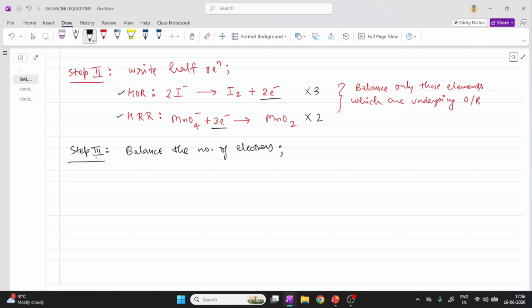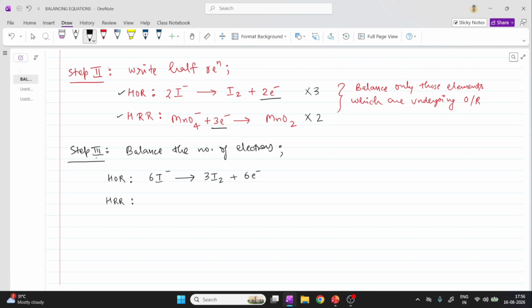Now we are writing the final half oxidation reaction. The half oxidation reaction has to be multiplied by 3, so this will be 3 twos are 6: 6I minus gives 3I2 plus 3 twos are 6 electrons. Similarly, the half reduction reaction has to be multiplied by 2.